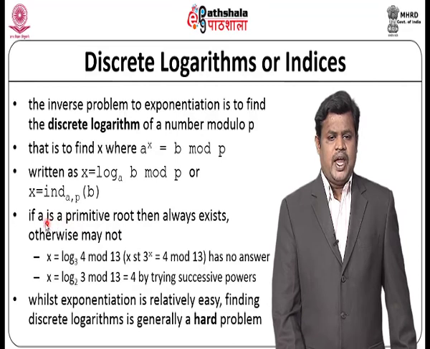So, if a is a primitive root, then it always exists, otherwise it may not. Now we understand what the discrete logarithm problem is. Exponentiation is relatively easy, but finding the discrete logarithm is always a hard problem. It is very difficult to get the log of the exponent value.